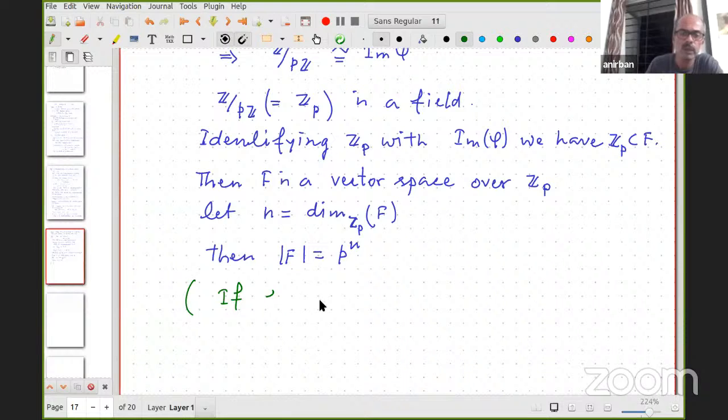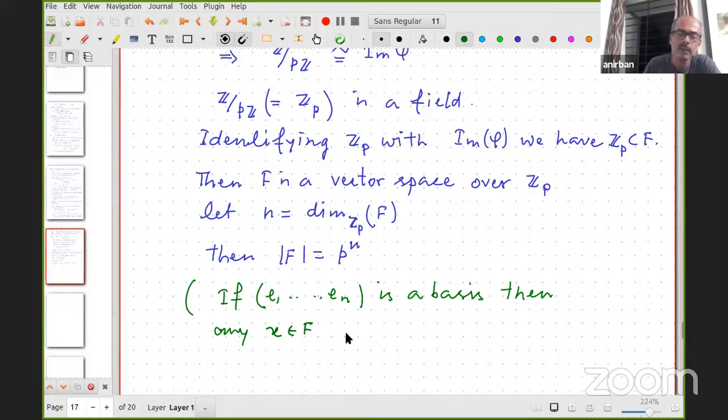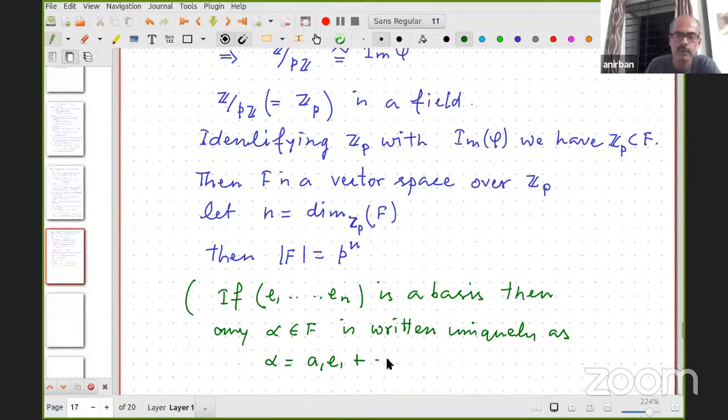If e1, e2, ..., en is a basis, then any alpha in F is written uniquely, as it's a basis, as alpha equal to a1 e1 plus ... plus an en, and all these ai's come from the subfield Z_p, which has p elements.